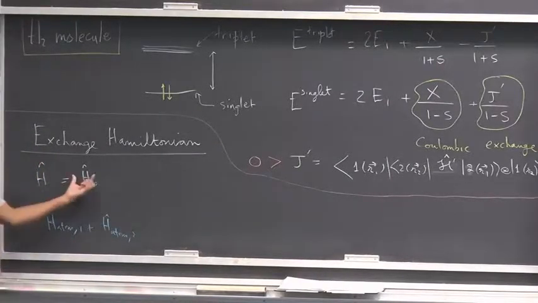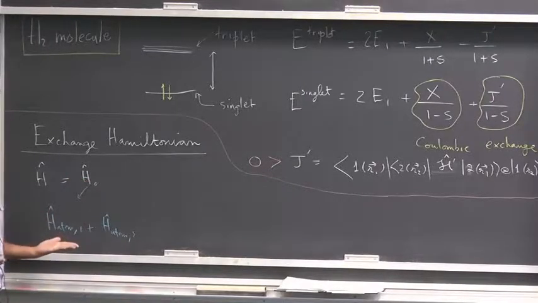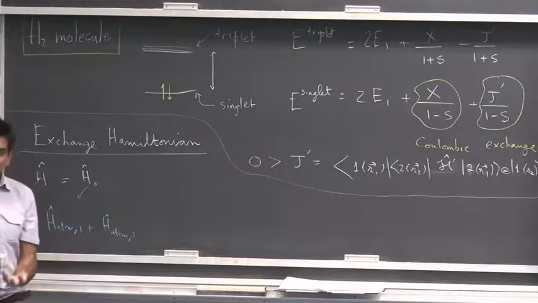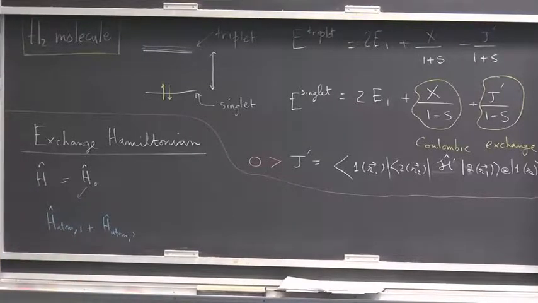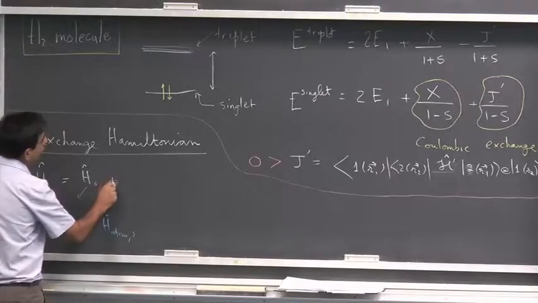And the eigenvalues for H naught will be 2 times E1, because there are 2 independent hydrogen atoms inside the molecule. Plus there are Coulombic terms.